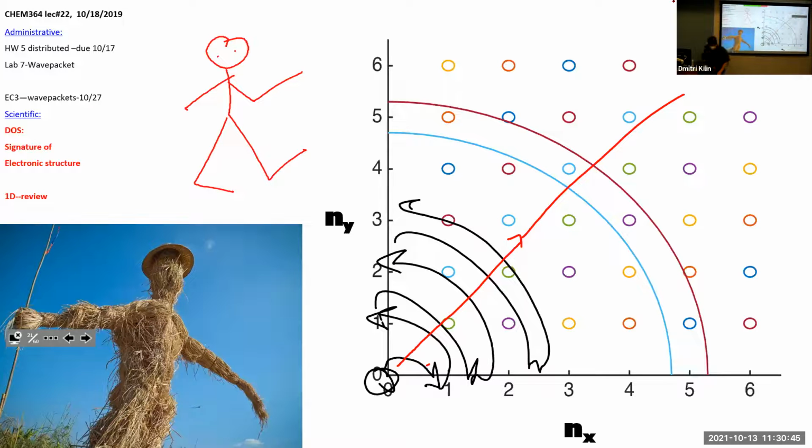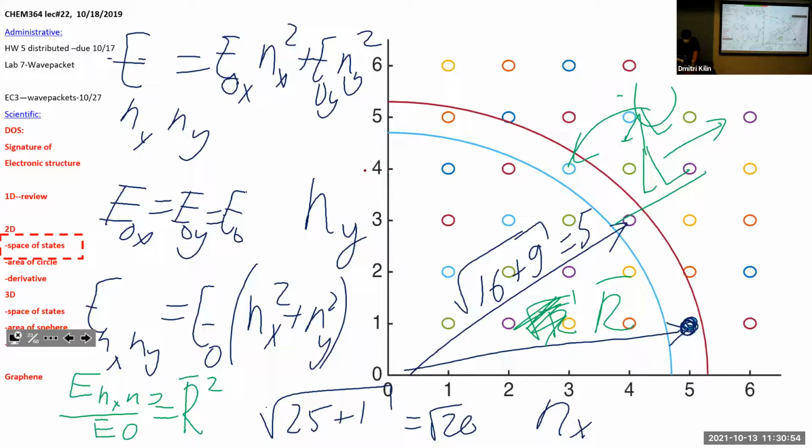I'm happy we agree on this. A little example. If you are staying on this purple point, then nx squared plus ny squared will be 9 plus 16, 25, because it's a point for 3 and 4, right?